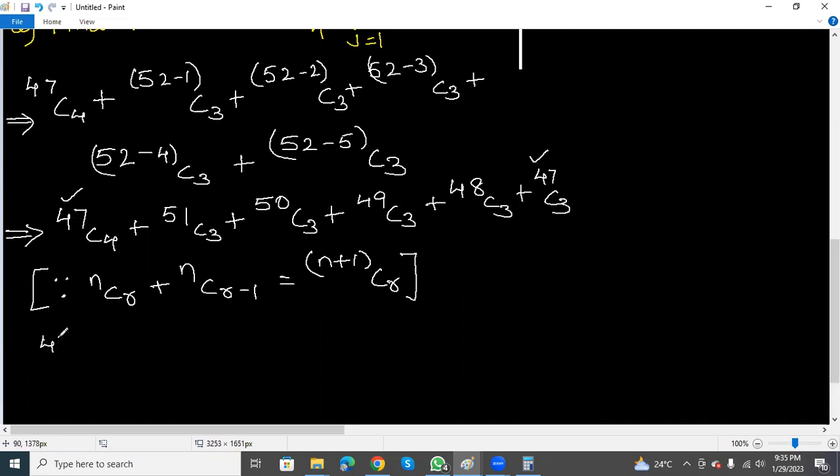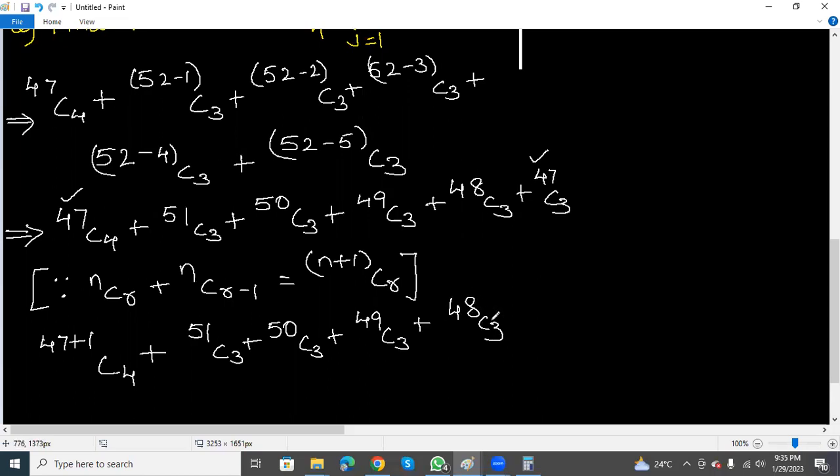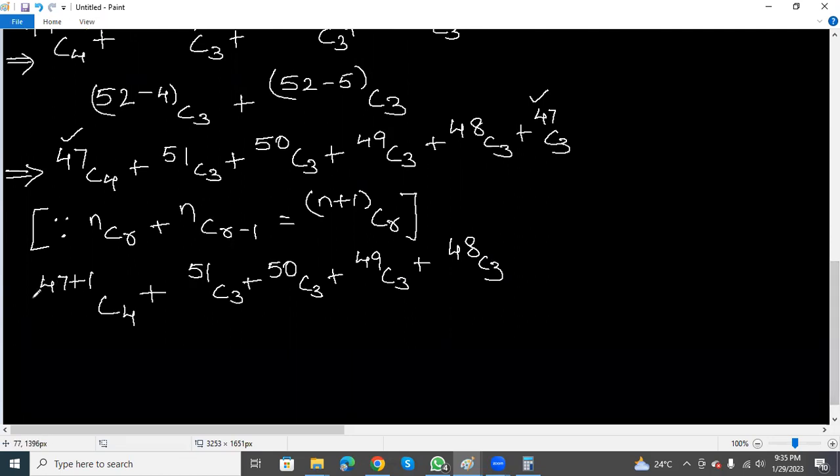So what can we write for these two? 47 plus 1. See, r means the big value. In 3 and 4, which is the big one? 4, right? So we'll take 4, and the rest is the same: 51C3, 50C3, 49C3, 48C3.